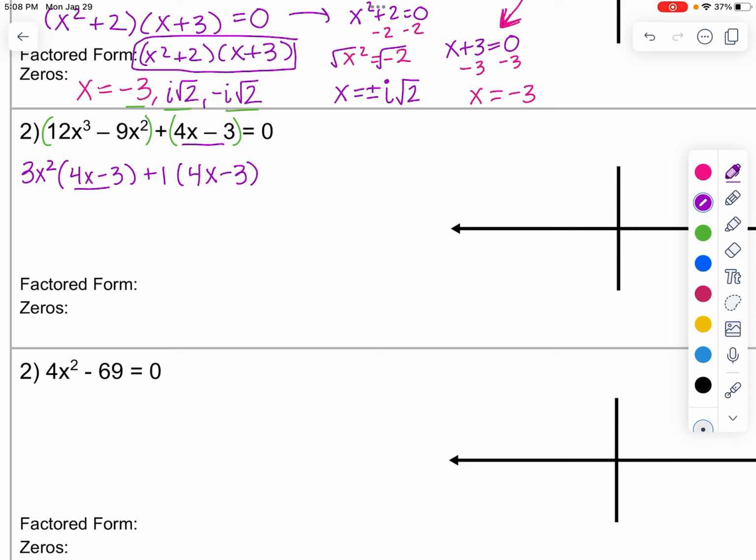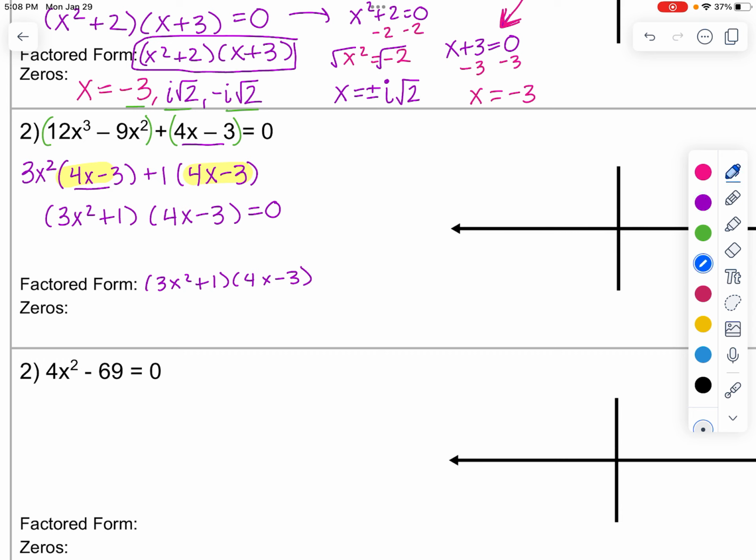But we have to factor something out in order for grouping to work. So now putting together, we have 3x squared plus 1 times 4x minus 3 equals 0. Our factored form here is the 3x squared plus 1 times 4x minus 3.